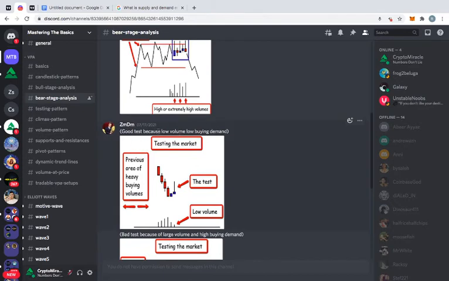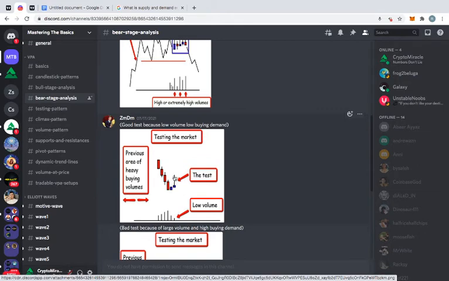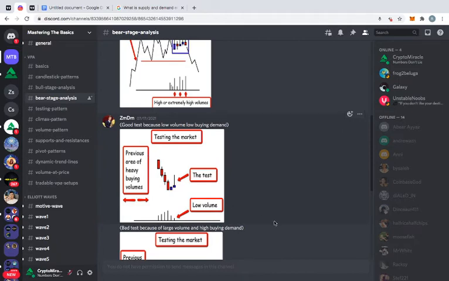So the why is really because it's their insurance to see if there's any more demand, if there's any more buying, if there's any more interest coming in the market. You can see that with low volume, there's no interest, and then they're just selling, okay, it's continuation. We're going to continue to trend it down.